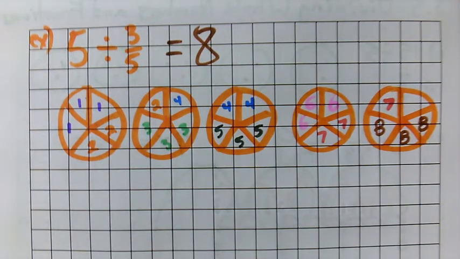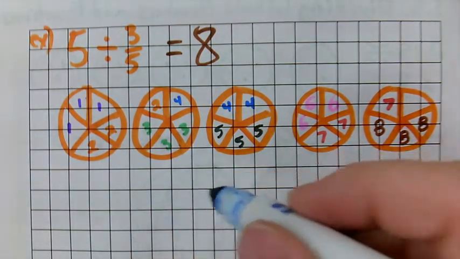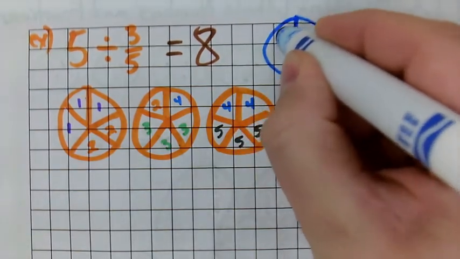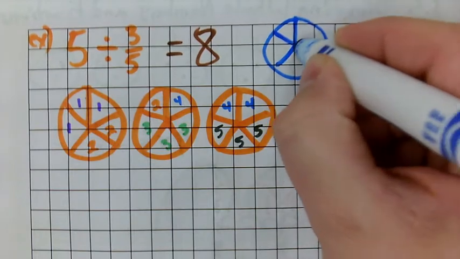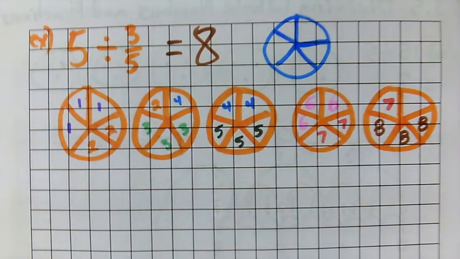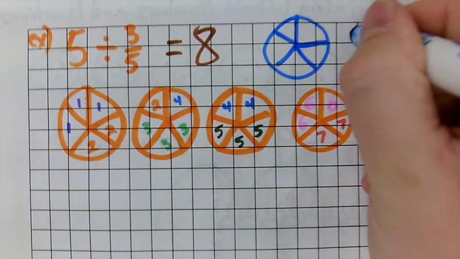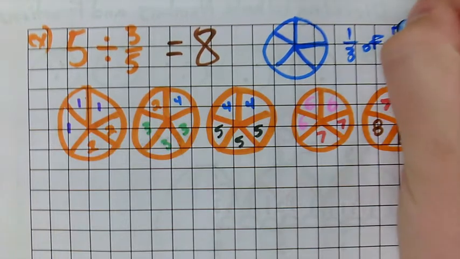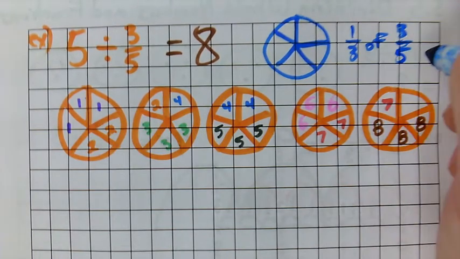Now don't make the mistake of just putting a 1/5 here, because it's not actually 1/5. I'm going to draw a little diagram and explain why you wouldn't do that. If I have a circle here that's broken up into fifths, we want to figure out what 1/3 of 3/5 is.